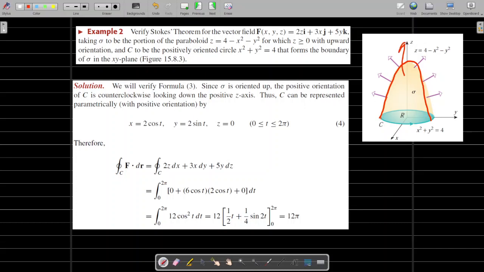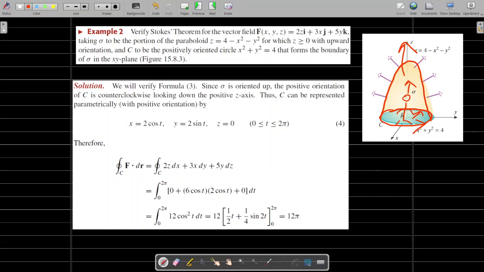So the orientation is given to be upward, where C is the positively oriented circle x square plus y square equal to 4. So you see, when a person is walking like this with his or her head in the direction of orientation of sigma, the surface is to the person's left. So this is the positive orientation.